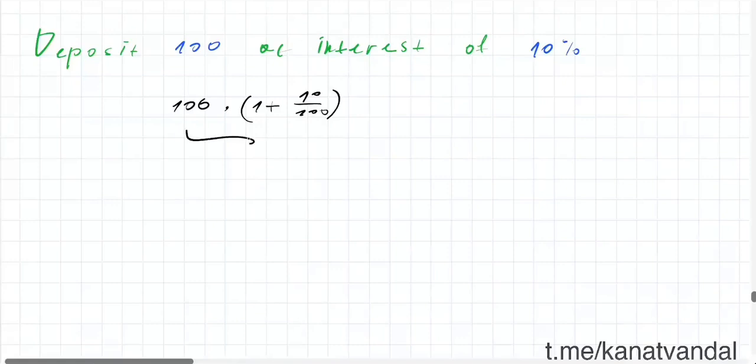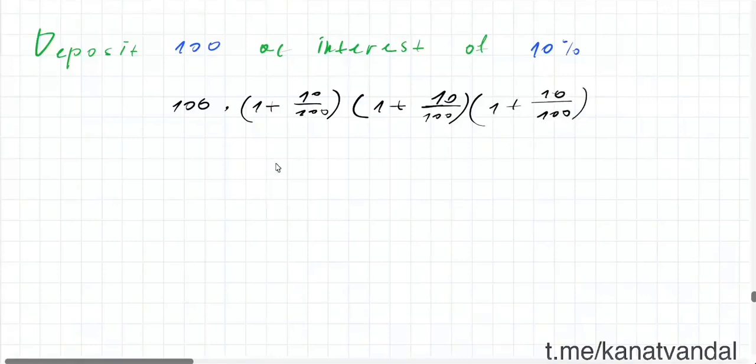Okay, so this will be your balance in 1 year, and in 1 additional year, so in 2 years, you will have this result multiplied by the same factor. You agree with me, right? So this will be your balance in 2 years. And the same works further in the future, right? This will be your balance in 3 years.